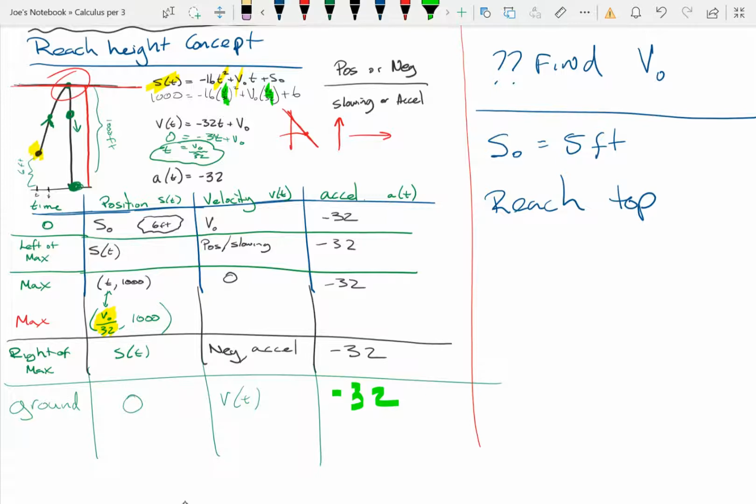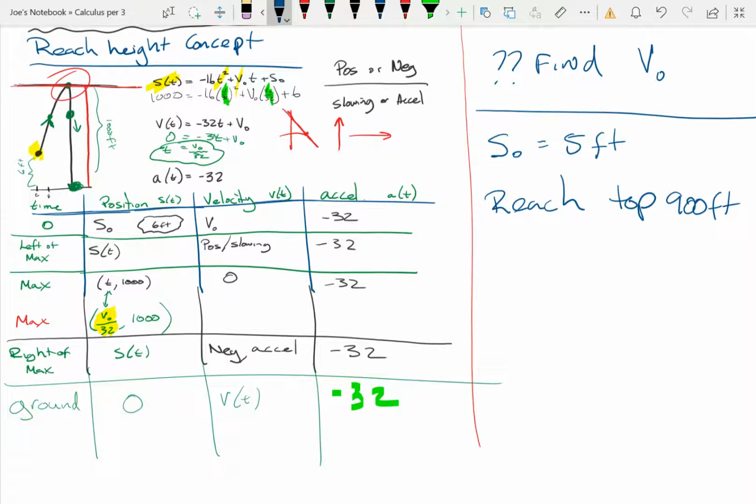Actually, should I mess with you a bit and do meters? No, let's just keep it. Let's do 900 feet, 900 foot building. I need you to find the initial velocity needed to reach the top of a 900 foot building, please.